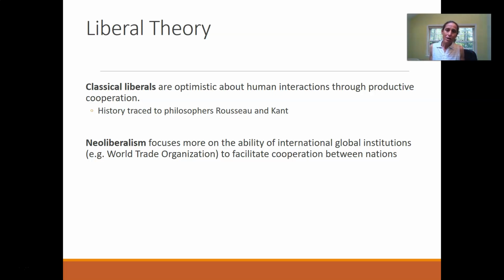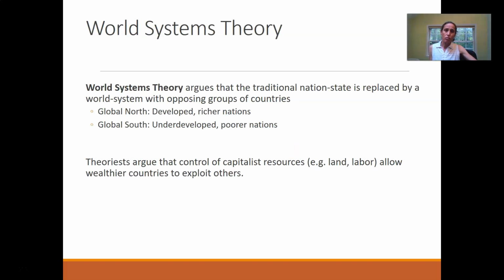And as you can imagine, those two world views are very, very different. If I believe that there is the possibility for change, for progress, for cooperation, I will conduct myself and my country in the world in a very different way than if I believe that everybody is out to get me and I just need to be as powerful as I need in order to survive.